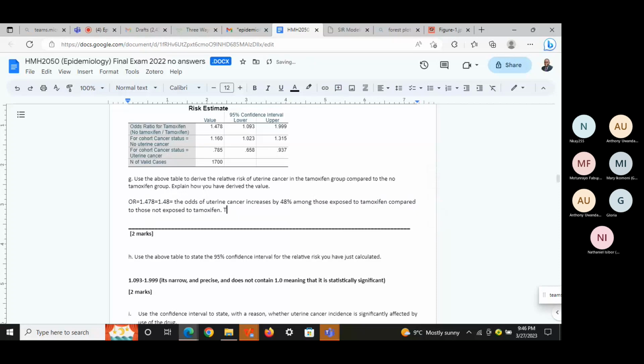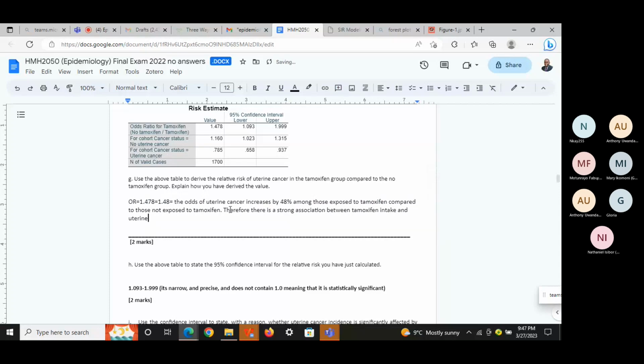Okay, then you will now say, therefore, there is a strong association between tamoxifen intake and uterine cancer.